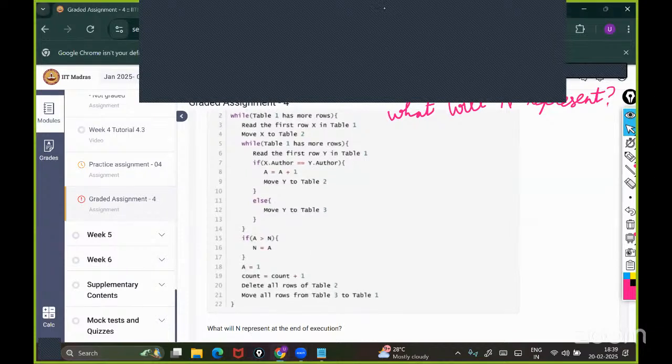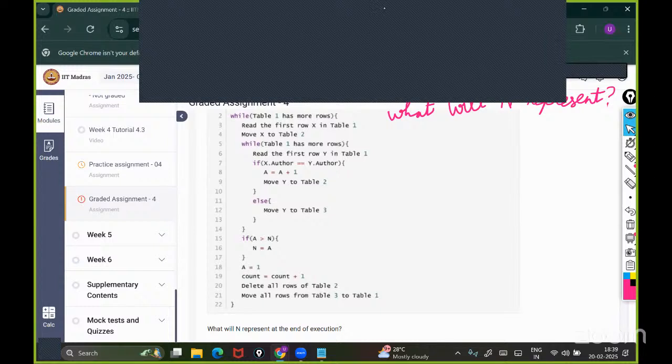And we pick a card Y from table 1 and compare it with the table 2 card, which is X. If in the comparison we get X author equals Y author, we'll increment the count A, which is the count of the same author coming again and again. And in the else statement, if it doesn't match, we'll pick the card Y and move it to table 3.